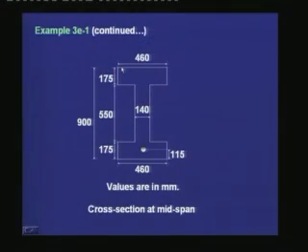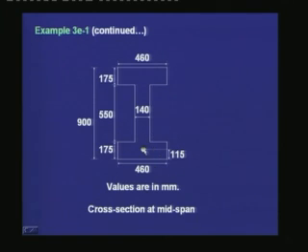The cross section is as follows: the flange width is 460, which is the effective width of the flange. The depth of the flange is 175. There is also a flange at the bottom, but we will not consider this flange in our analysis because this flange is under tension.